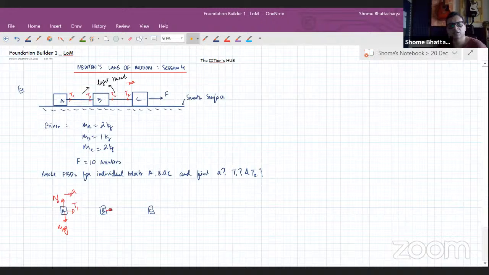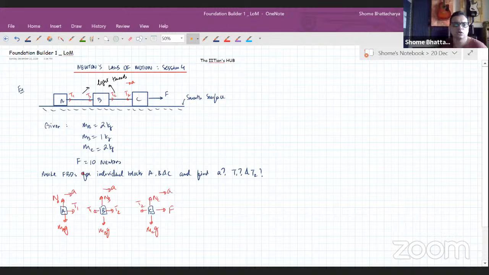On the block B, however, there are two tension forces, T2 towards the left and T1 towards the right, normal reaction and weight, and acceleration a. And on this one, there is the horizontal external force, which is acting towards the right, and there is tension T2 acting towards the left. And this will also have the common acceleration a. So all 3 blocks will have the same magnitude of acceleration because they are connected by threads, okay, like this.